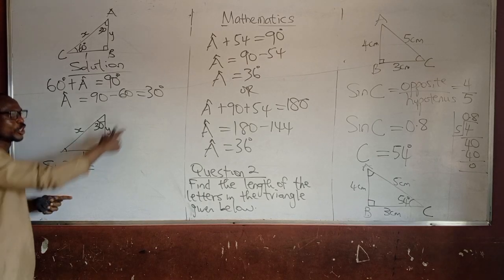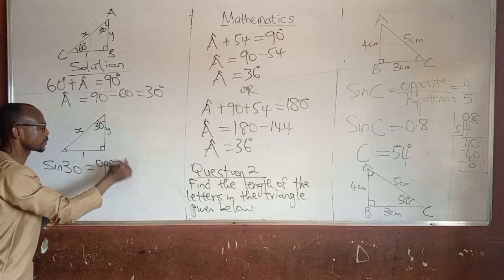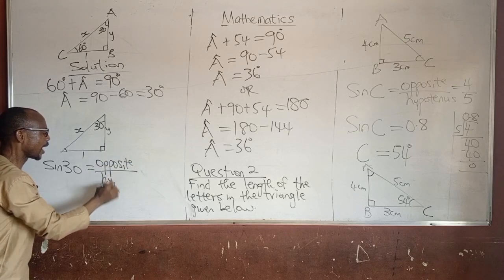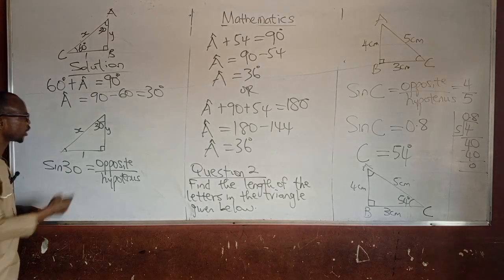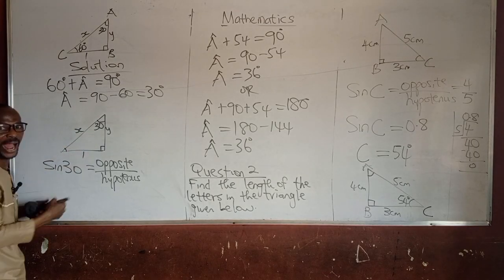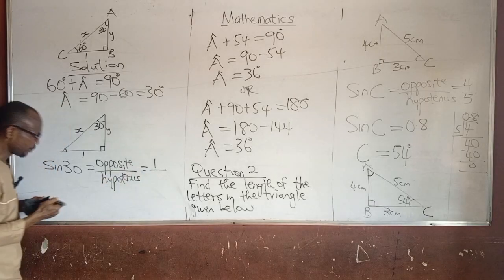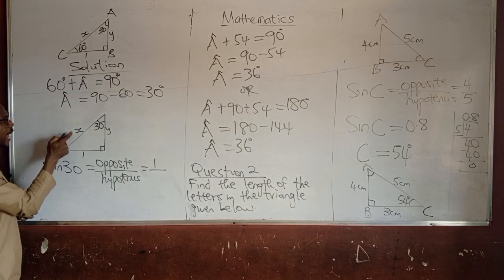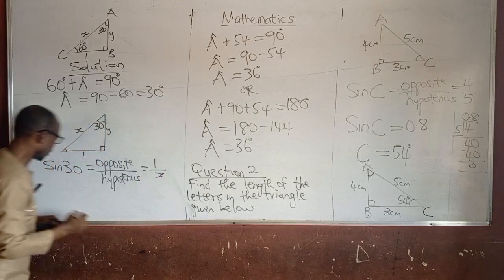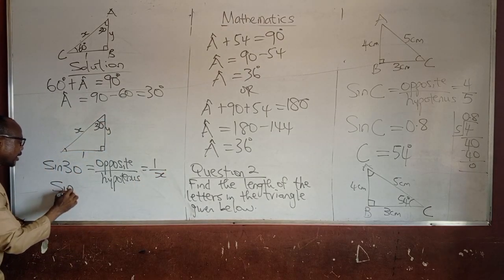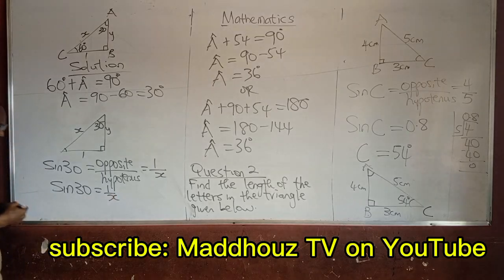So if we go to our sine 30, sine is opposite over hypotenuse. What is the opposite to 30? It is 1, all over the hypotenuse. The hypotenuse here is x. So sine 30 is equal to 1 all over x.